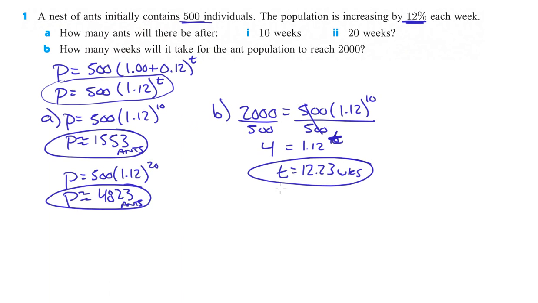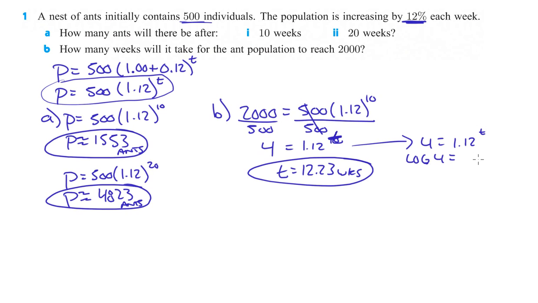Okay, so that's with the graphing calculator. Just really quick, let me show you this same thing with logarithms. We have 4 equals 1.12 to the t. Let's not do the shortcut; let's just make this make sense. I'll let you find the shortcut.